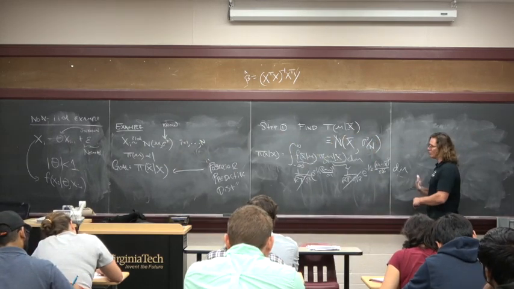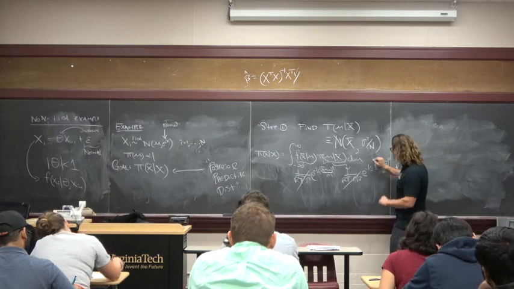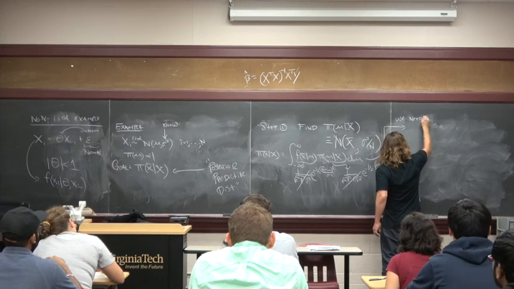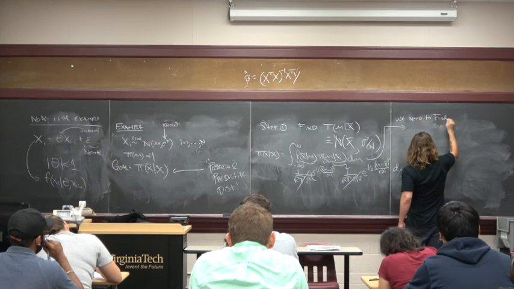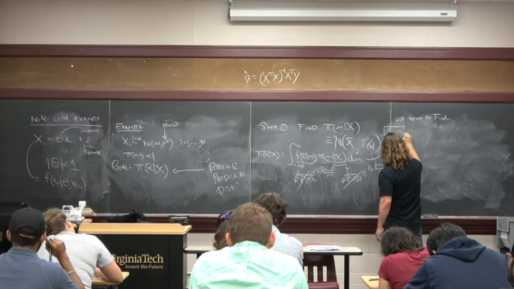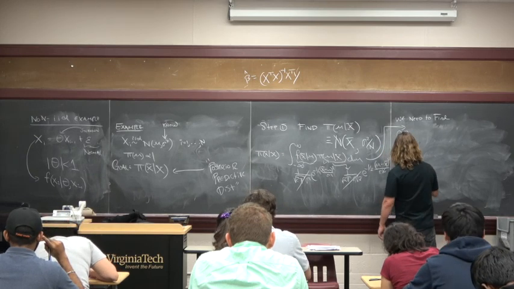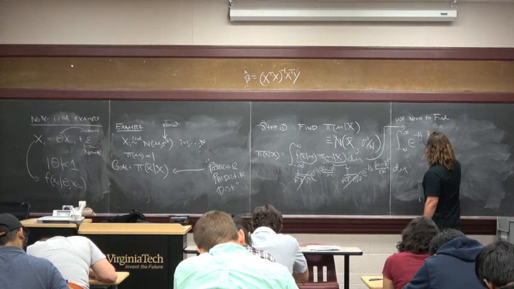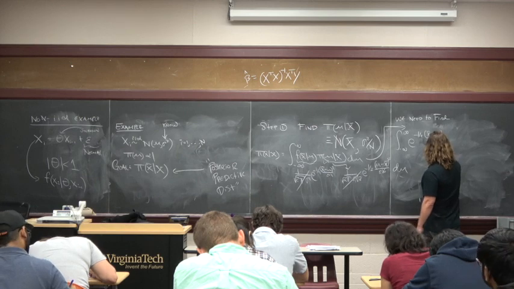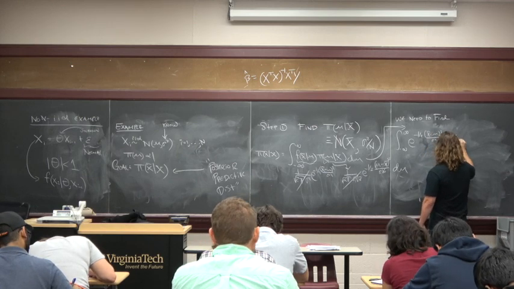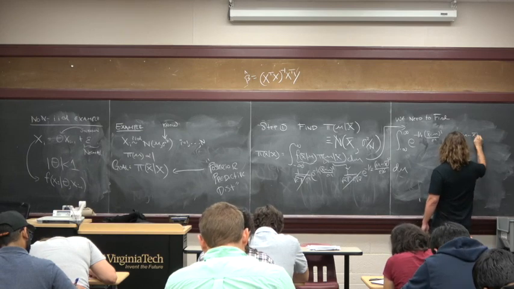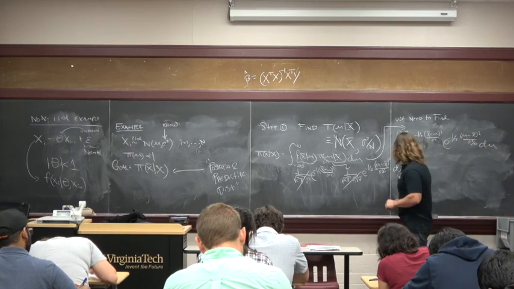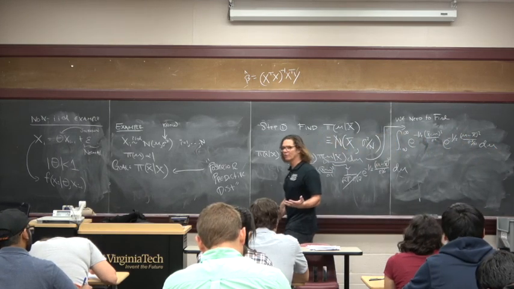And so really, this is just an exercise in calculus. So we need to find the integral from negative infinity to infinity of e to the minus 1/2 (x tilde minus mu) squared over sigma squared, times e to the minus 1/2 (mu minus x bar) squared over sigma squared over n, d mu.